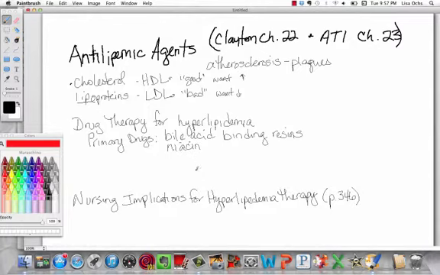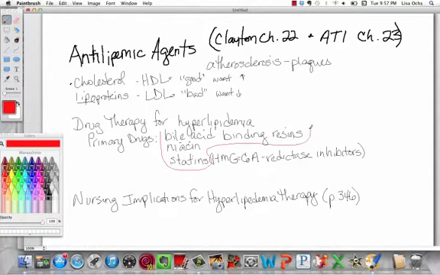Niacin. And then statins, which are the most common ones. Their long name is HMG-CoA reductase inhibitors, but we shorten it to just call them statins. These are the ones we need to know, the categories that we're going to talk about.